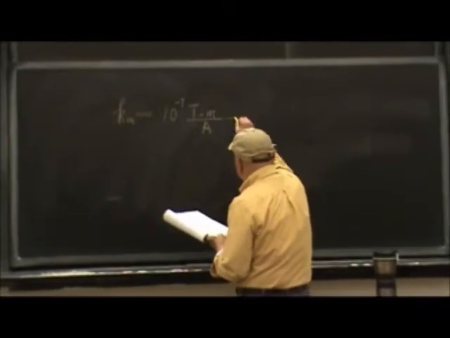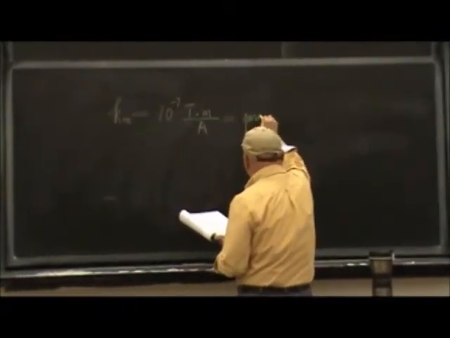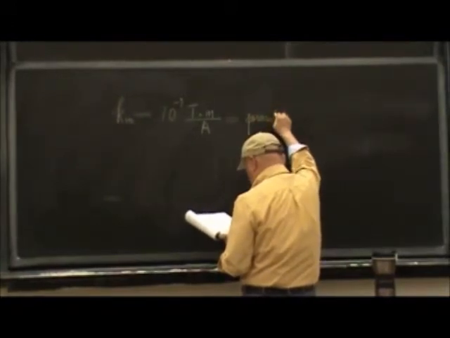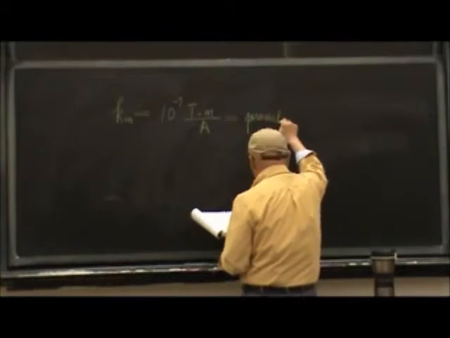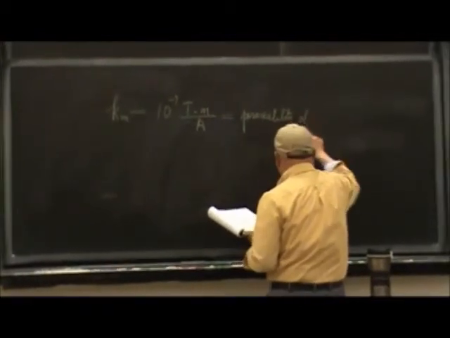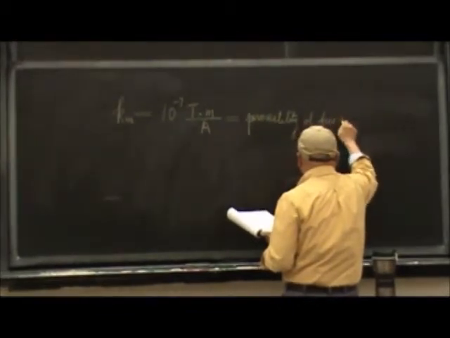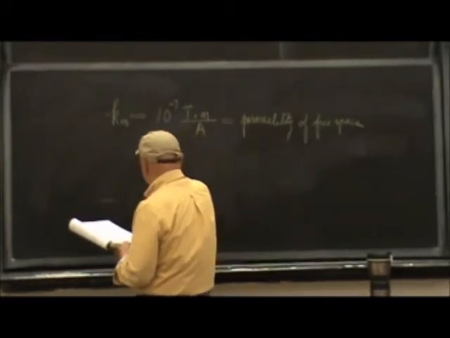And usually this has a name, called the permeability of free space.